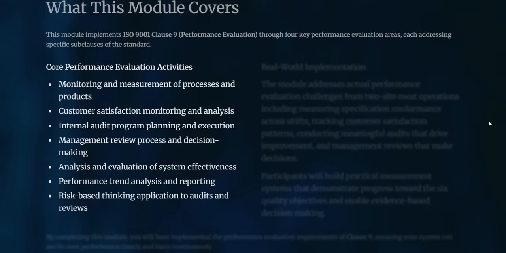The core performance evaluation activities today will include monitoring and measurement of processes and products, customer satisfaction monitoring and analysis, internal audit programs planning and execution, management review process and decision making, analysis and evaluation of system effectiveness, performance trend analysis and reporting, and risk-based thinking application to audits and reviews.